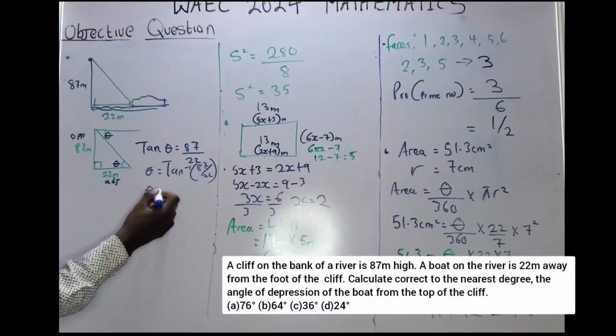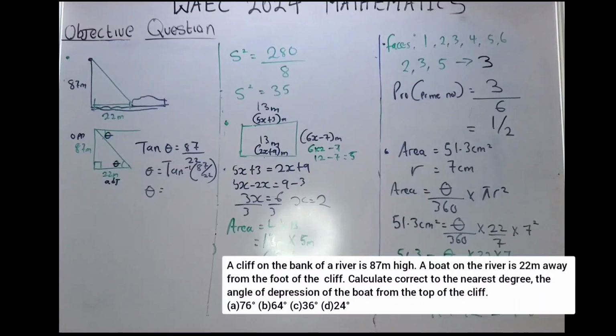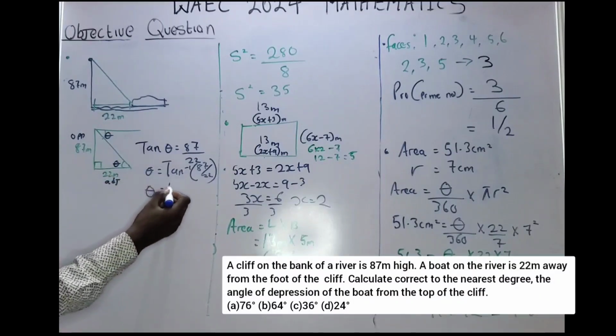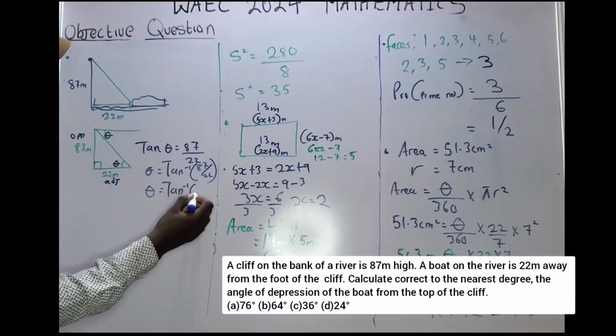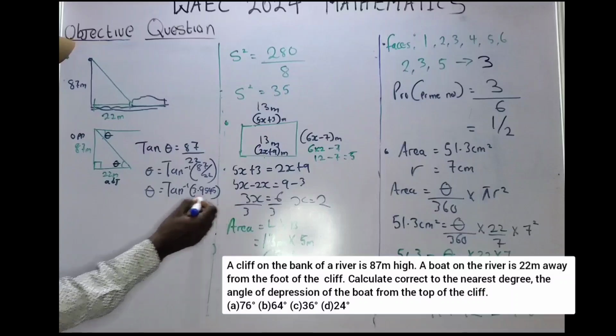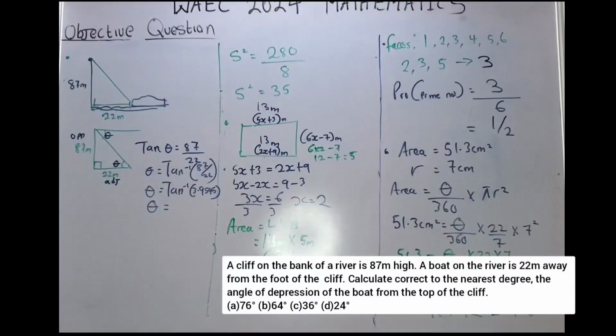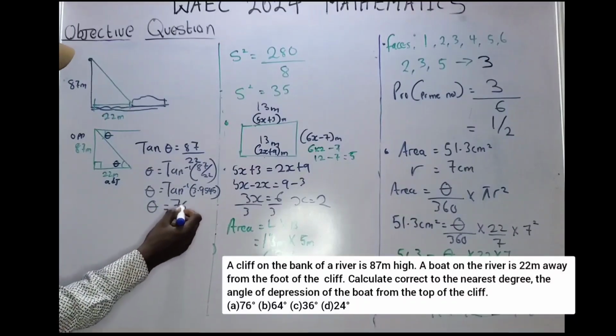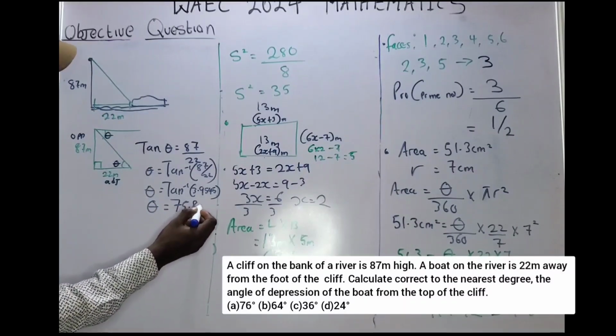So theta is equal to the tan inverse of 87 divided by 22, that is 3.9545. That is 75.8 degrees.